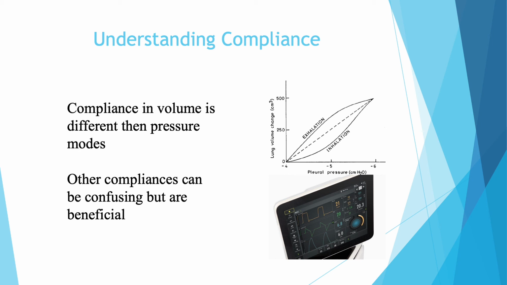But the values that go into that are often peak inspiratory pressure, PEEP, and your plateau pressure. And plateau pressure is the measurement of the pressure at the alveoli. Peak inspiratory pressure is the measurement in your large airways.